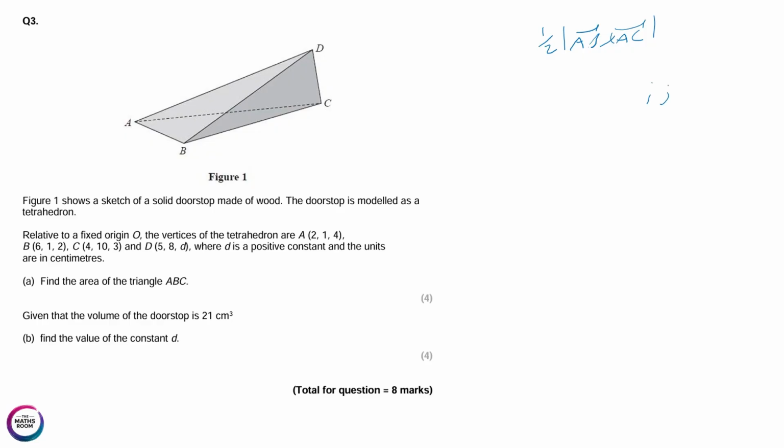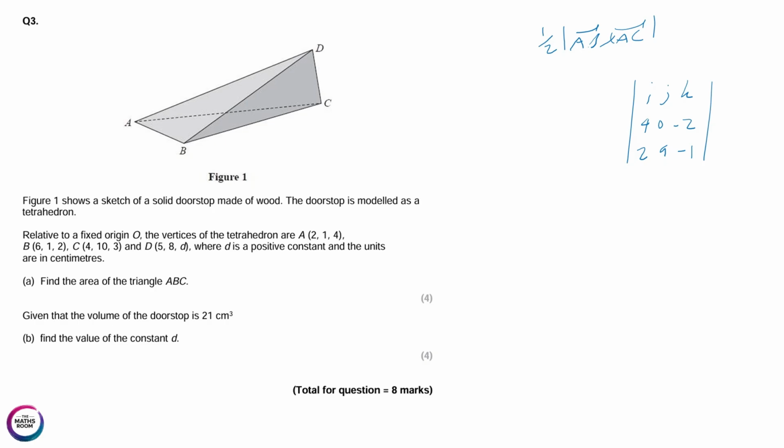So we do the determinant. This is to find the vector. So the vector AB, B minus A, is just 4, 0, minus 2. And then the vector AC, C minus A, is going to be the vector 2, 9, minus 1.